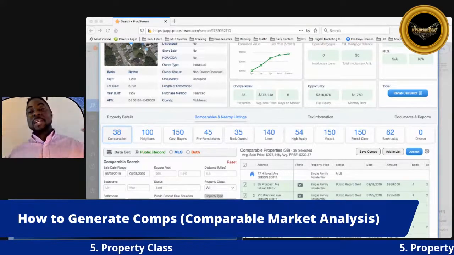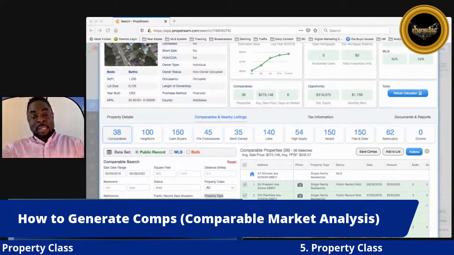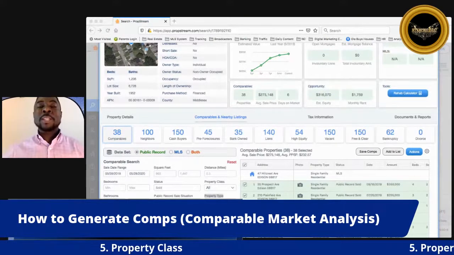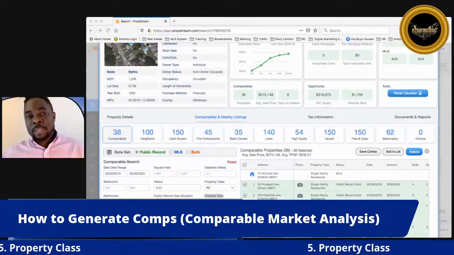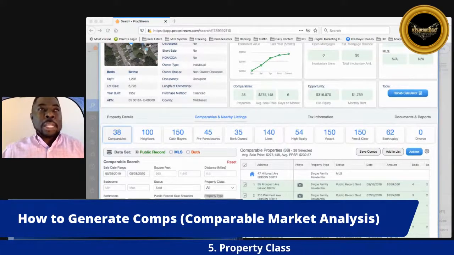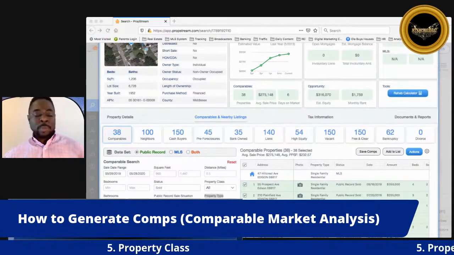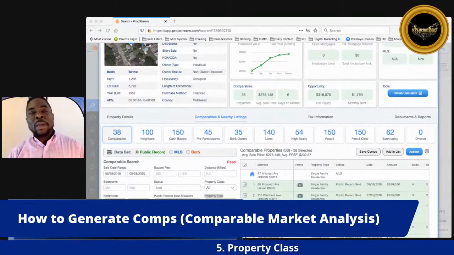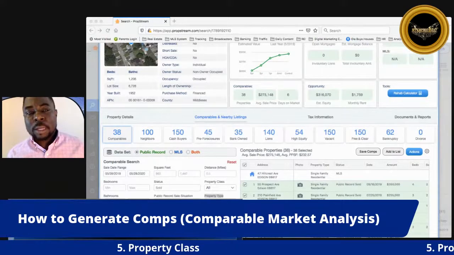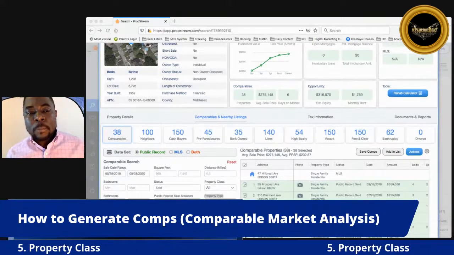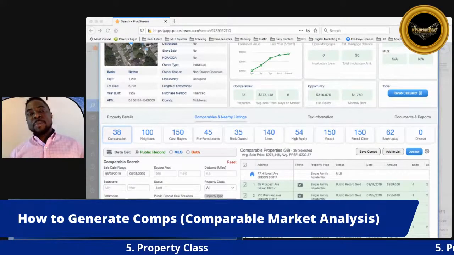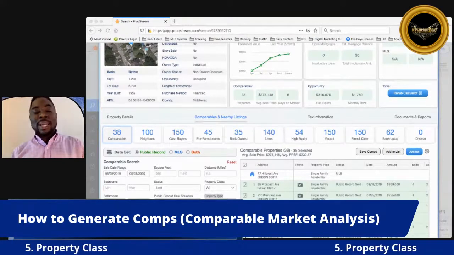For the same reason I shared earlier, the banks give money to a lot more people, and a lot more people in the population are buying residential properties. Why? Because it's a basic need. Shelter, especially now that everyone is working from home. People need offices at home. People need a space where their kids can learn from home and things like that. All right, making sense? So the property class needs to be residential. You want to make sure that you lock that in on residential.